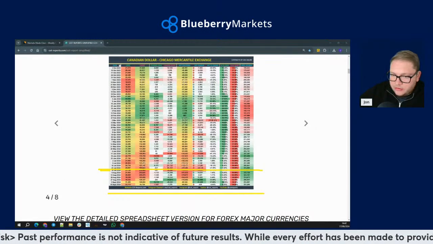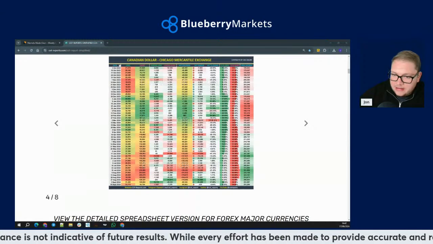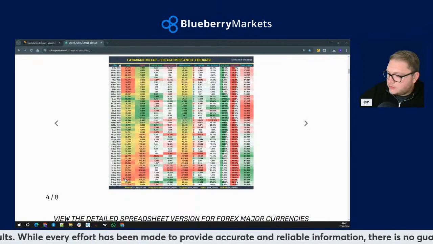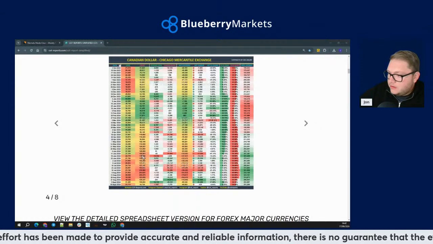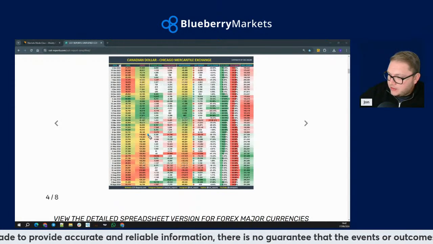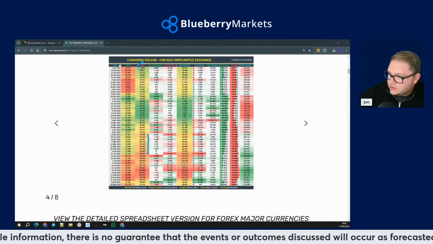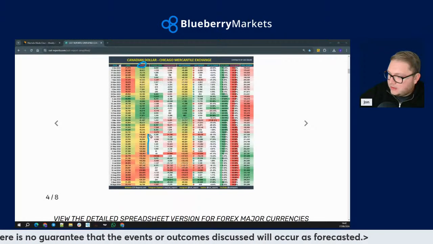So this is the non-commercial. When you're looking at the commitment of traders reports and you're looking at things like the non-coms, you want to be following the pressure, right? So they were selling, and you can tell that they were selling because the short side column here, okay, you can see was starting to increase.